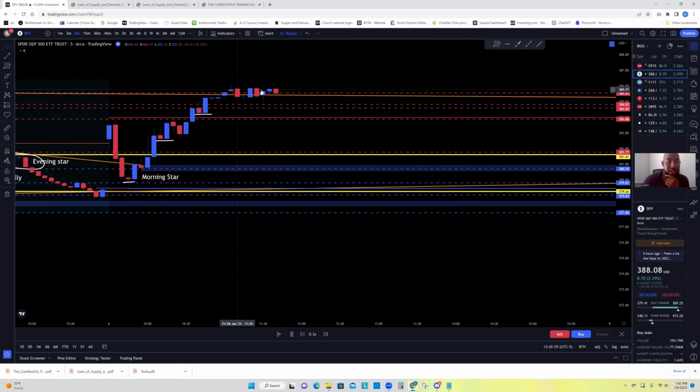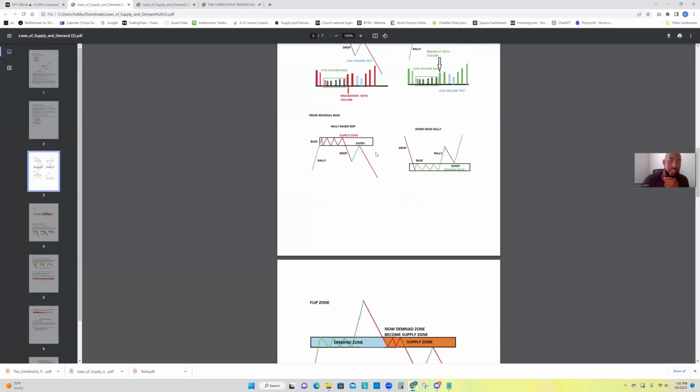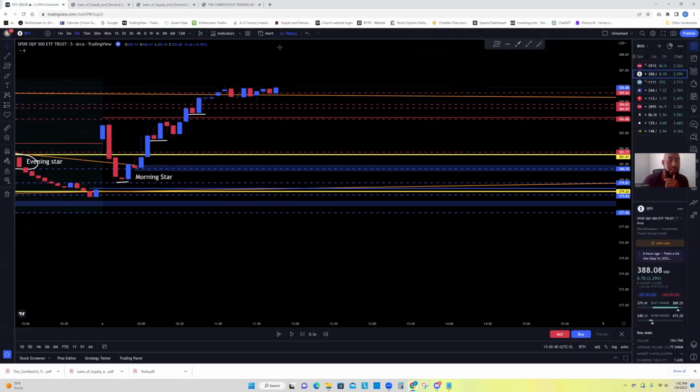All right, so now you got consolidation. So now this goes back to consolidation. So now, would this be an accumulation zone or a distribution zone, should I say?